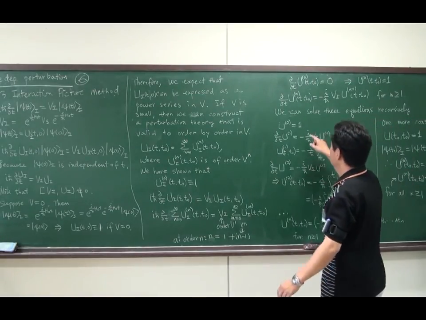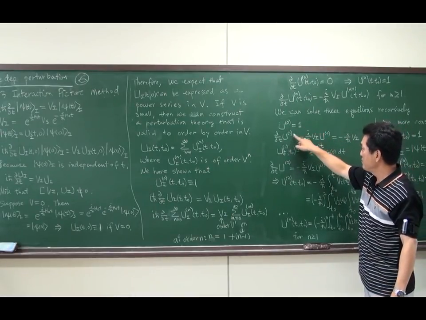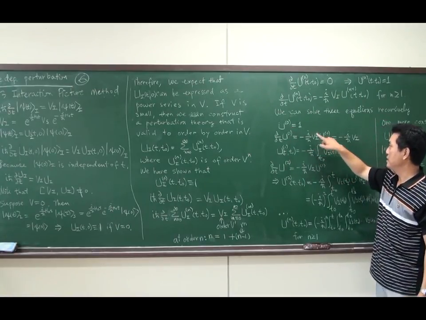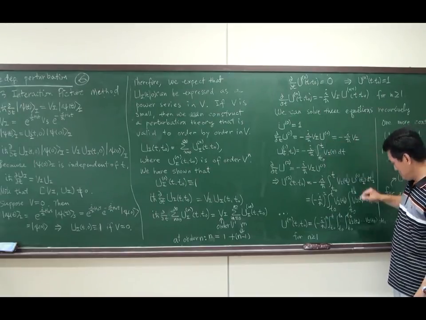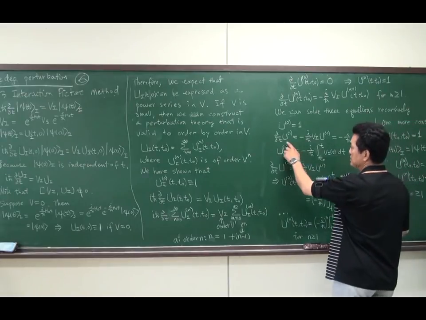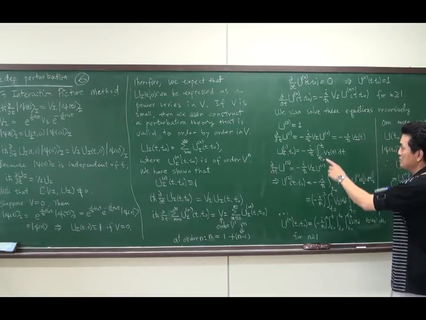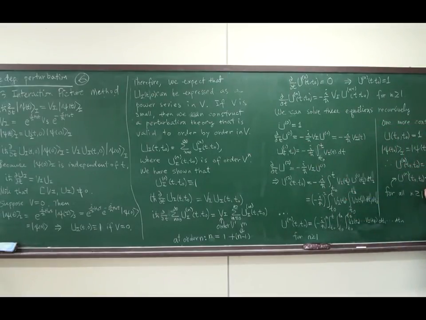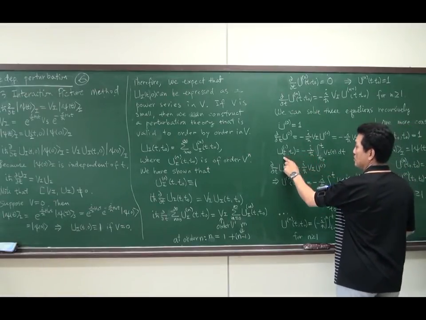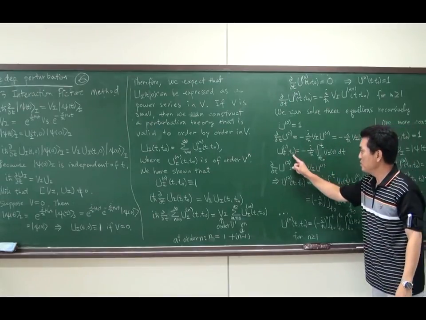So let us solve the equation. The zeroth order solution was 1, and at first order I have a differential equation, and I substitute this value in here. So this is actually a function of time. What I want to do is find the value for order 1, and its initial value was 0, so there is no contribution there. So I just integrate, the integral from t0 to t.